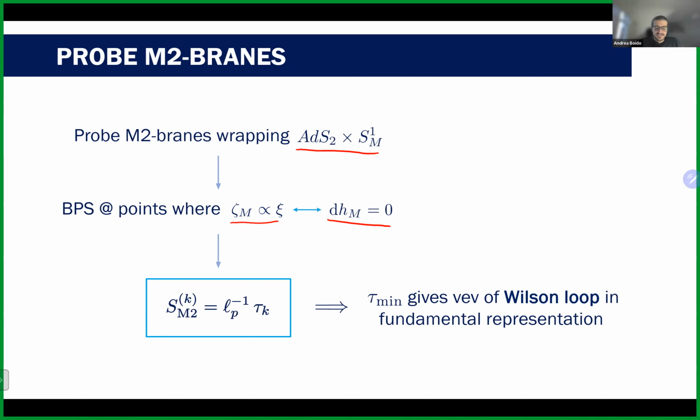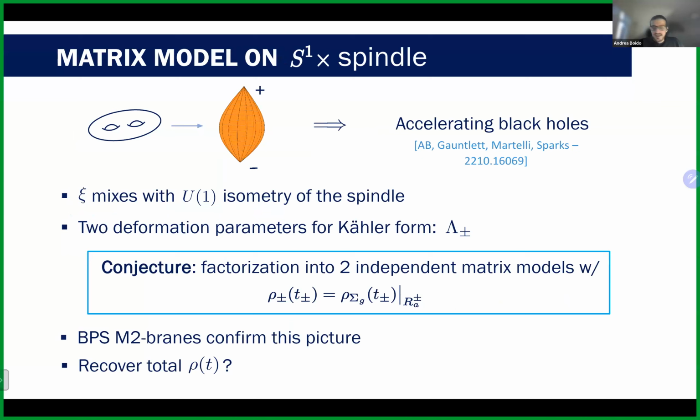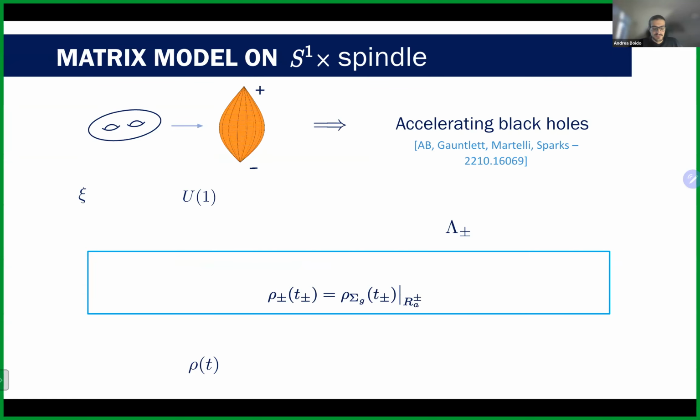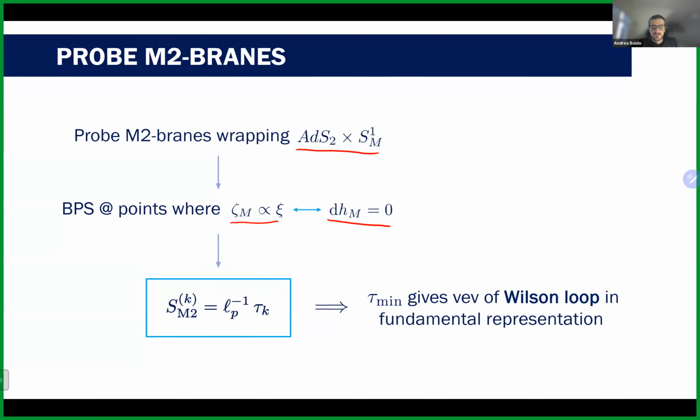So it's interesting because the minimum tau also gives you the value of this Wilson loop. It's another neat thing that we discovered. This was actually very much inspired by some earlier work that James did with one of his students some years ago on S3 rather than S1 fibered over sigma_g. But this works also for S1 fibered over sigma_g.